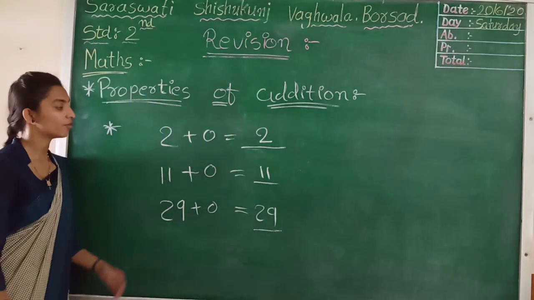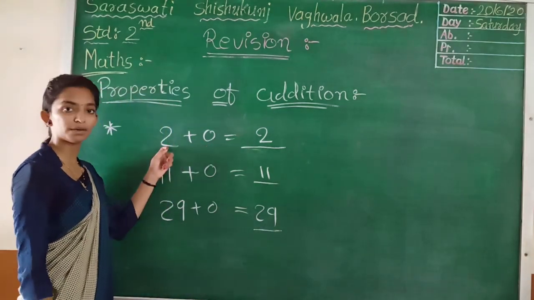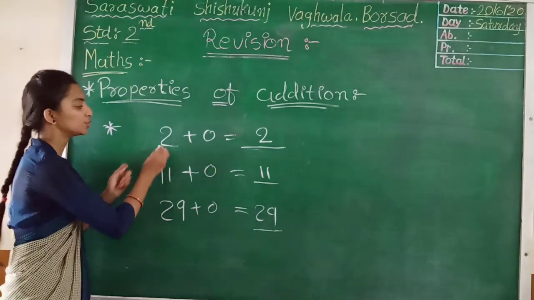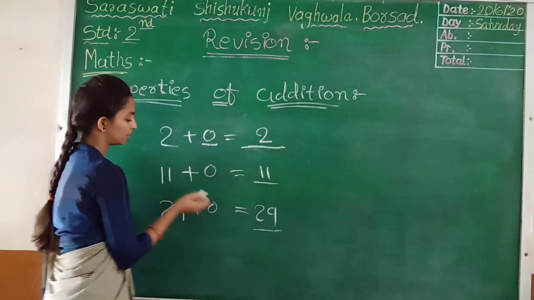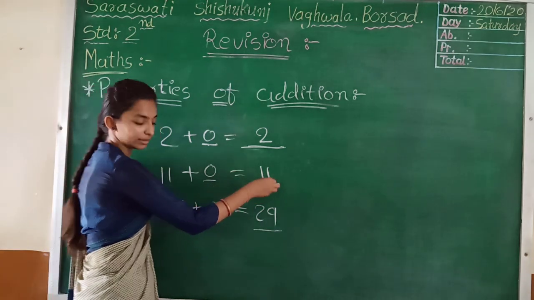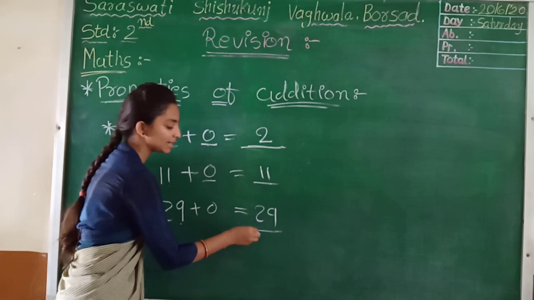So students, what do you see? When we add 0 to any number, the answer remains the same. See here, 2 plus 0 equal to 2. 11 plus 0 equal to 11. 29 plus 0 equal to 29.